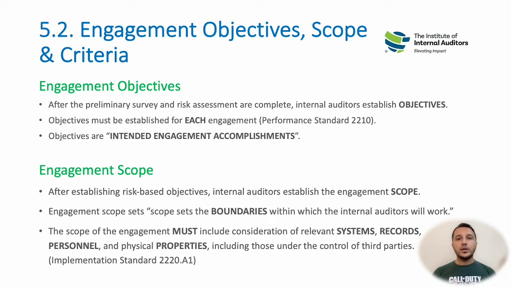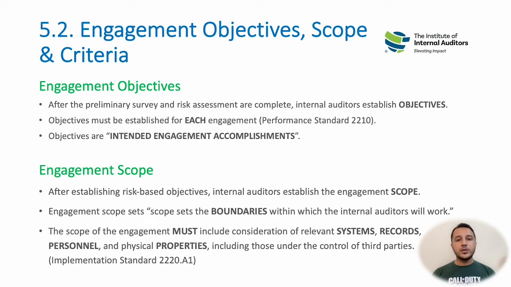So giving a scope area will give direction to the internal auditor, and it also helps the third person, the audit committee or the management, to better understand under which boundaries you have carried out your audit activities.